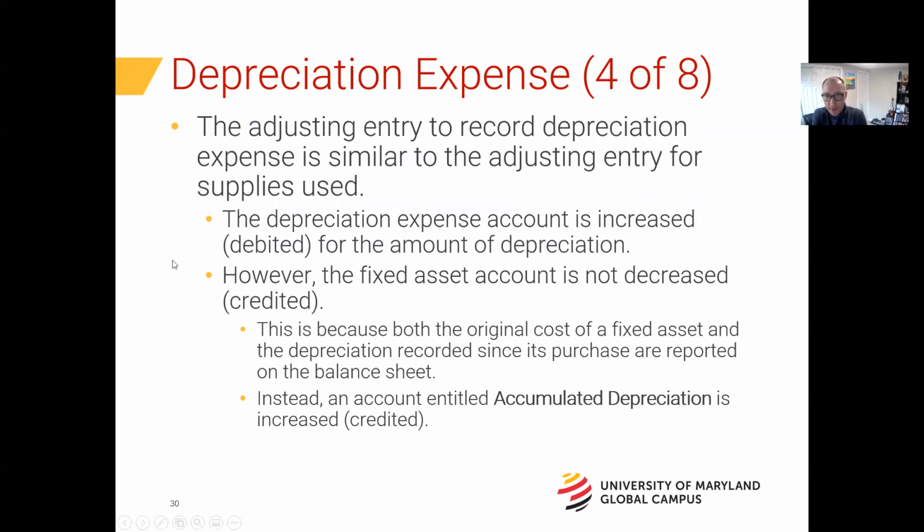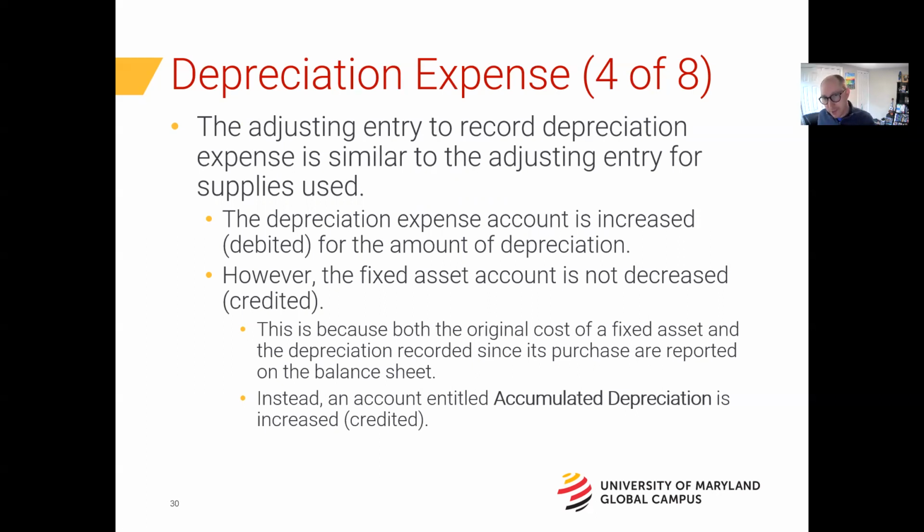So at the end of each year, I make an adjusting entry for depreciation. The way it works is I debit depreciation expense, in my example, $5,000, and I credit accumulated depreciation, $5,000. Now, here's how it works.